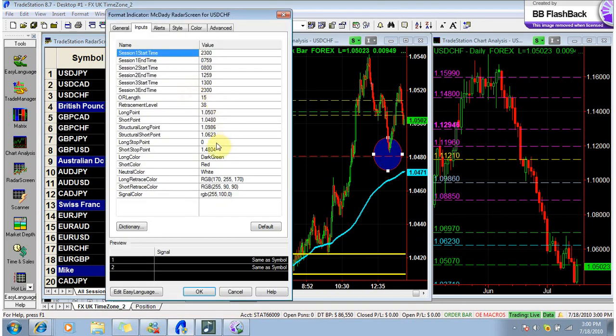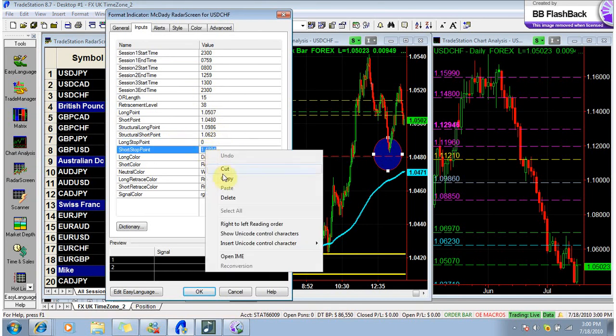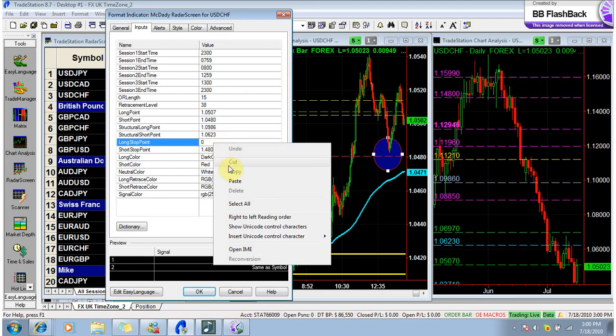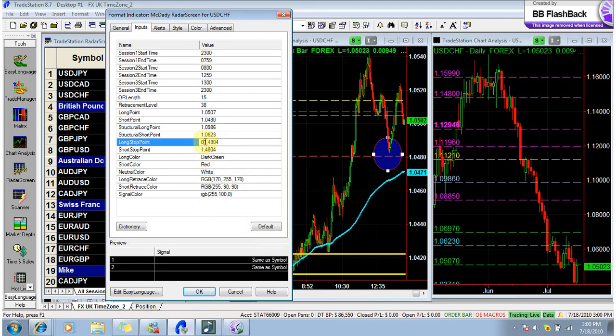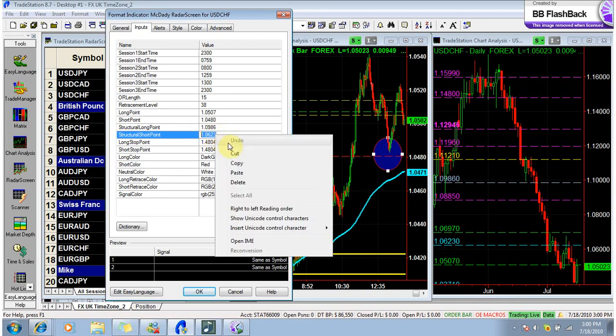So I'm going to put my long stop also right there. One and the same, right? It's a perfect stop. I mean, I couldn't pick anything better than that. My structure long is the 106.23, so in this case, this now becomes my structure long.